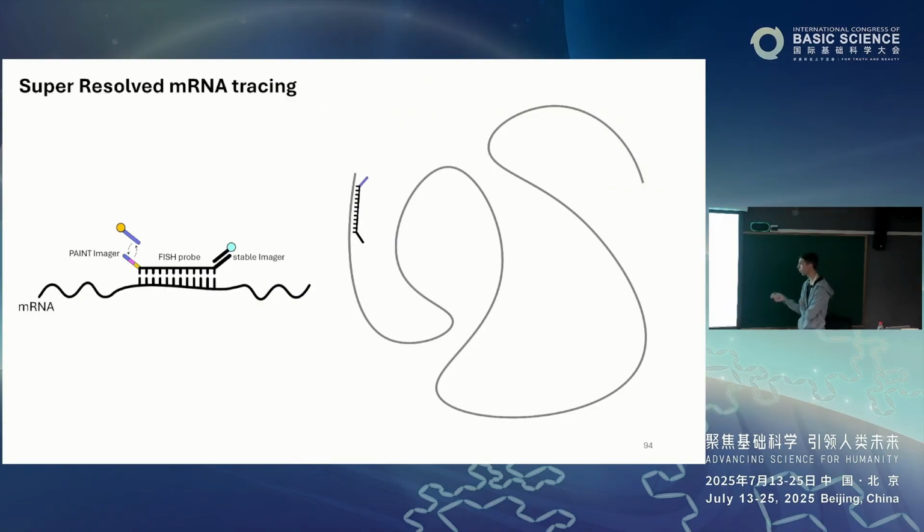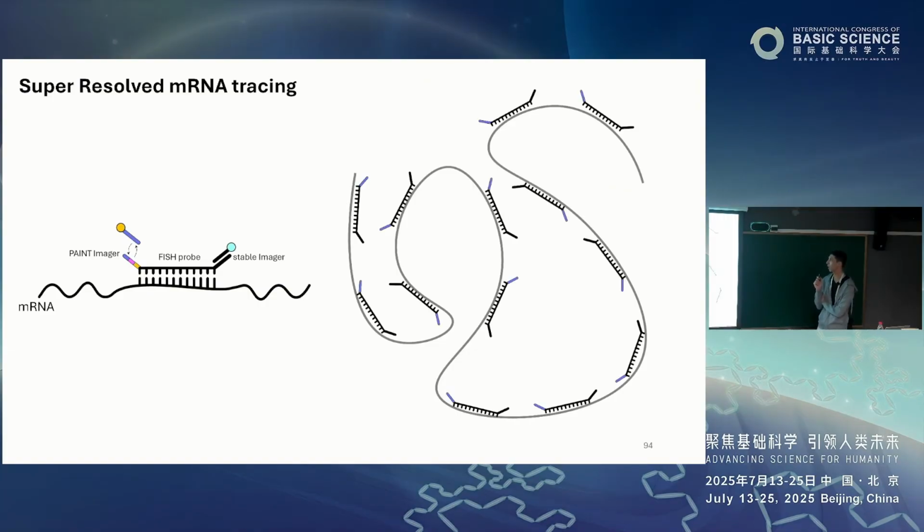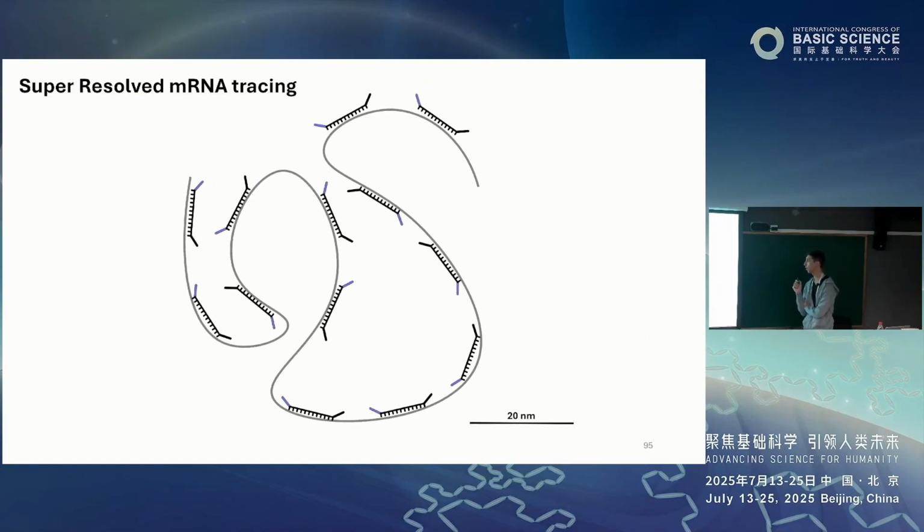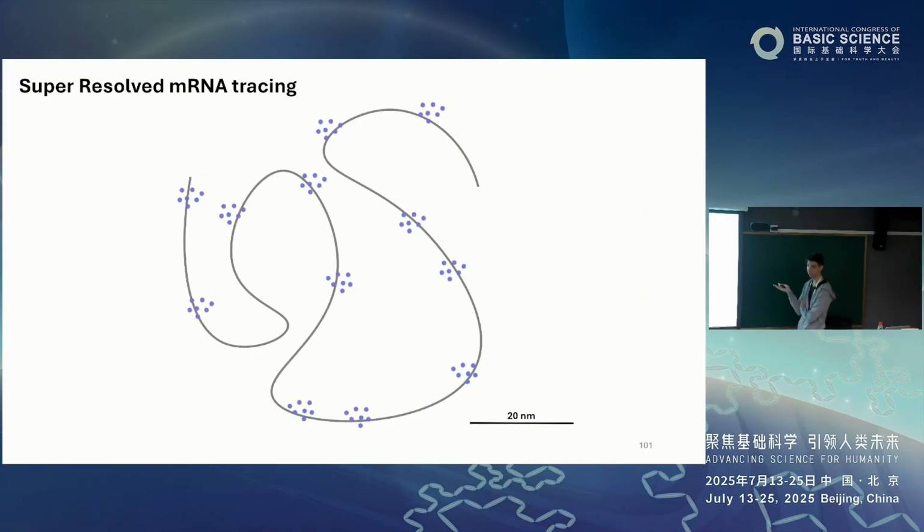You're going to paint the whole thing. And then you first put your stable imager there to find the RNA molecule in the first place. And then put the other set of imagers that are going to be blinking, coming and going, and hopefully get an image that might look like this.